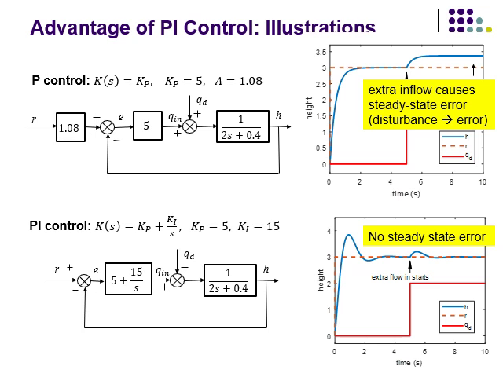So you can see that with the PI controller, we have 0 steady state error, even though we have the extra flow coming into the tank. And this is due to the extra sort of control component in the control input, which comes from the integral term in the controller transfer function.